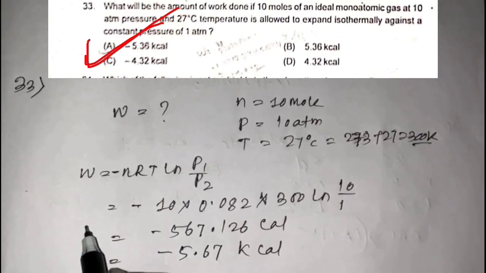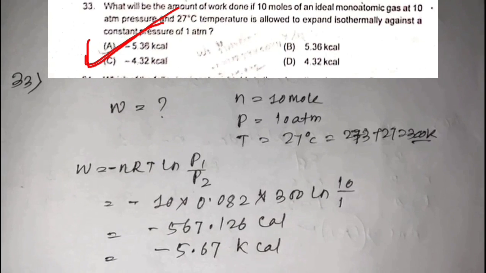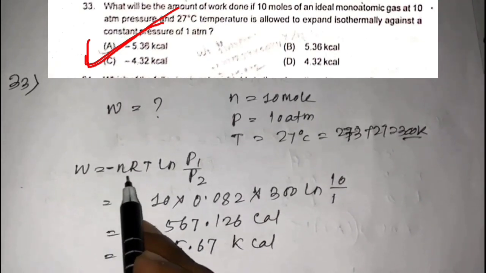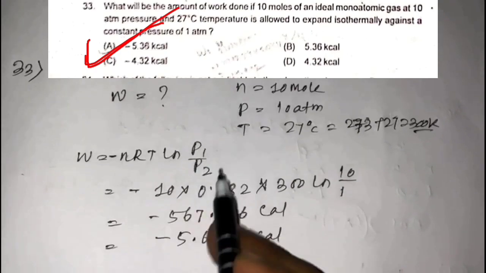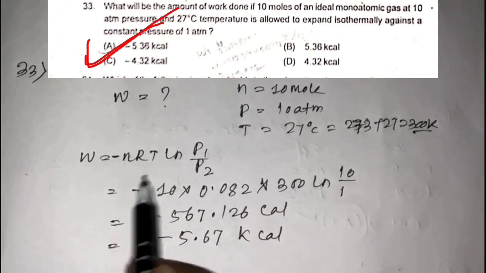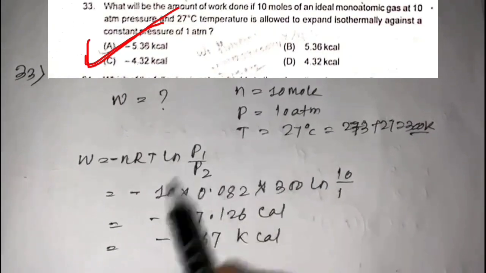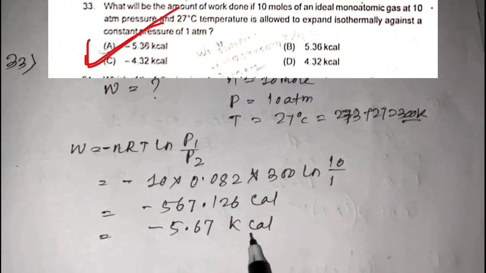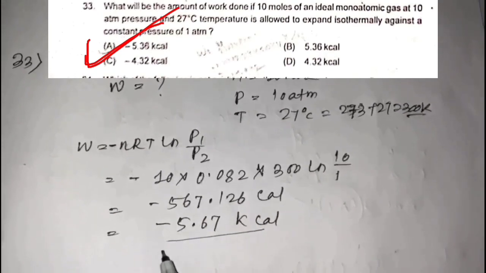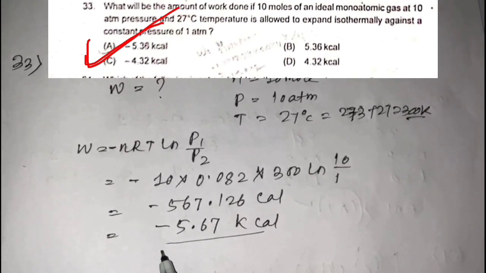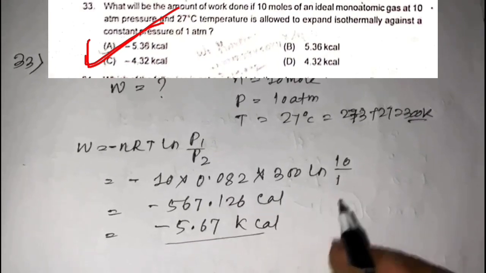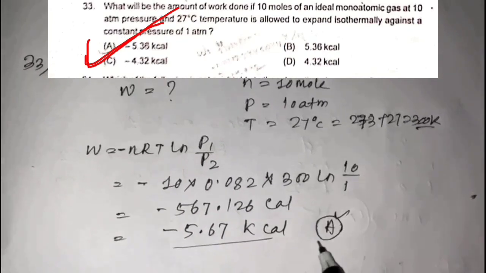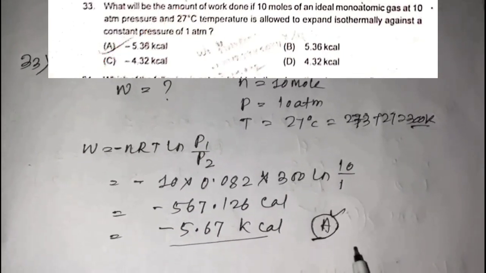Work done for an isothermal process, W, is equal to minus nRT ln(P1/P2). Substitute the values and you will get the answer, minus 5.67 kilocalorie. So the correct answer for 33 is A, the closest value.